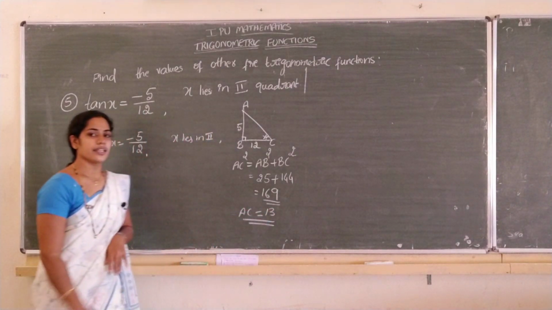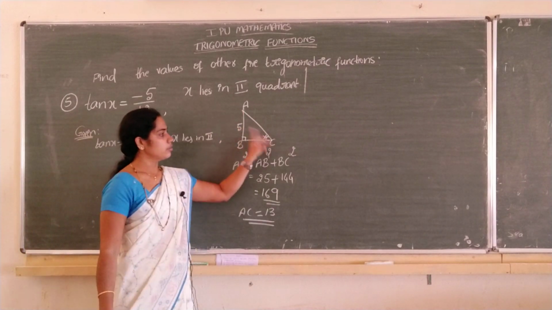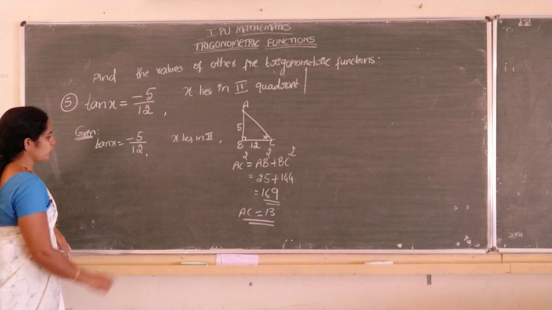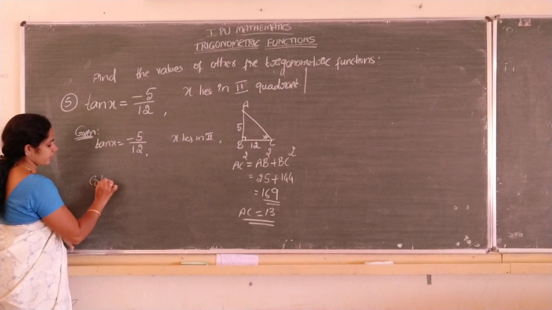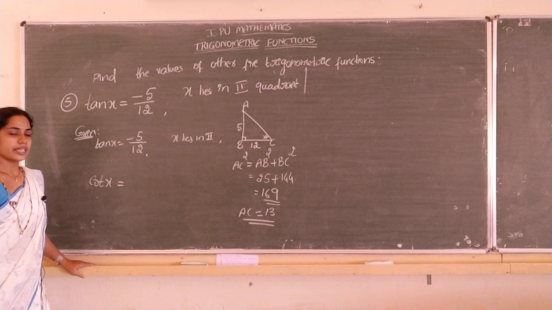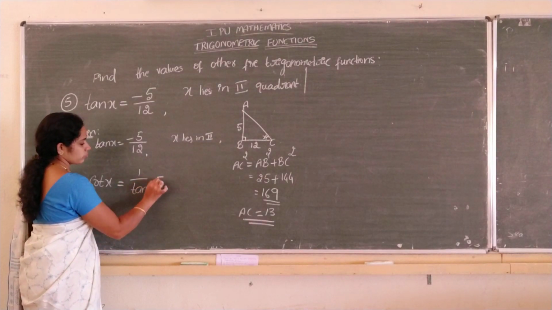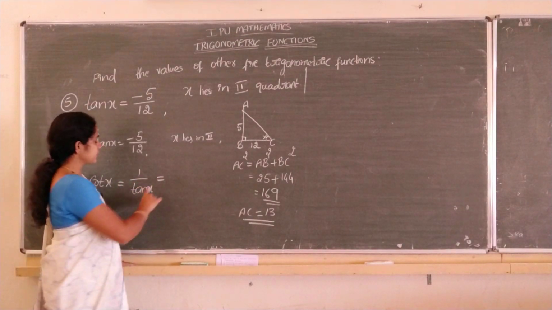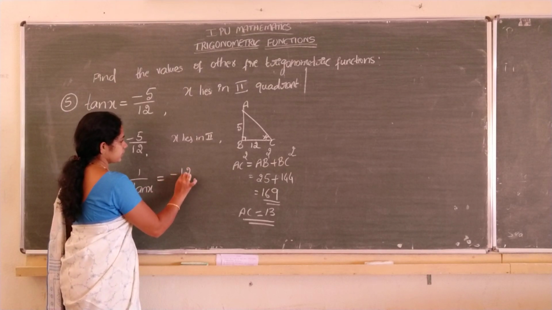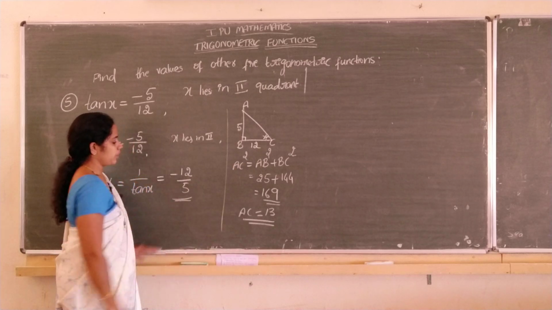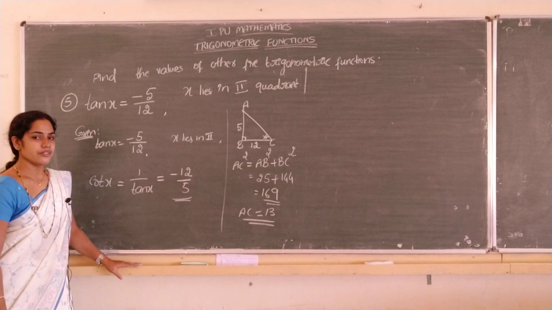So AC equal to 13. We have tan x, so directly we can write cot x. Correct? Cot x is 1 by tan x. This is equal to minus 12 divided by 5.